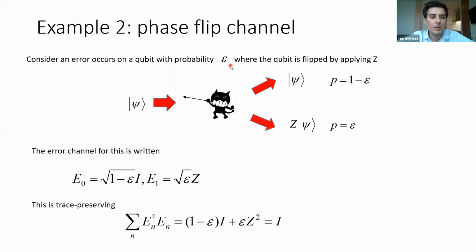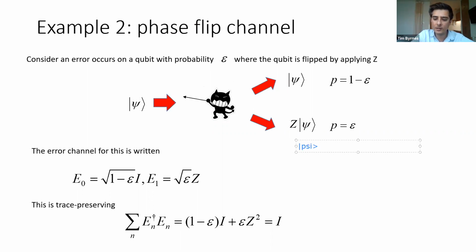Okay, here we go. So there's a very similar thing called the phase flip channel. This is basically the same thing, except that you apply a Z operator. And just so that you can see why this is also an error, well, maybe typing is faster.